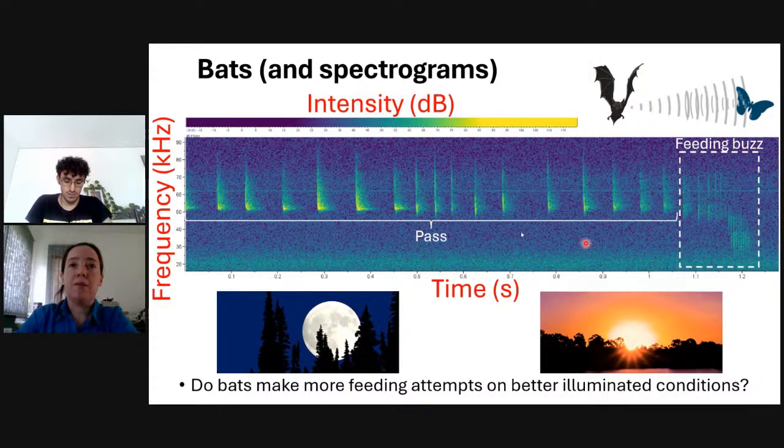In the example I'm giving you, we are looking at moments where the light conditions are different. So we look at moon phases and sunset and sunrise, because in those twilight moments you have, of course, more light and the bats are active.